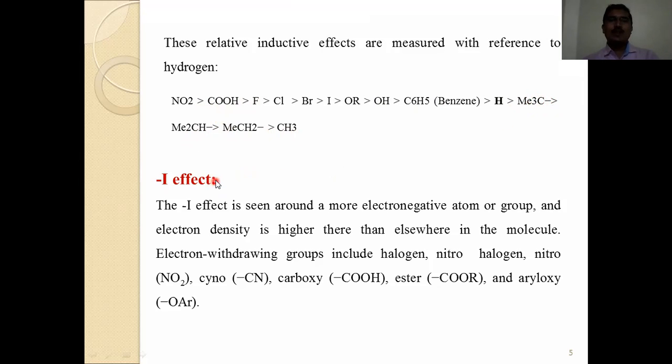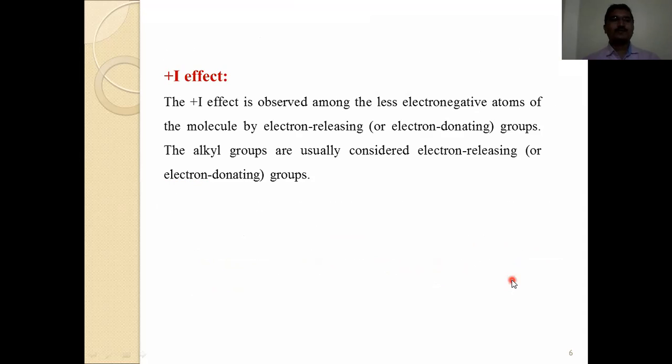Now we can see what is meant by the minus I effect. The minus I effect is seen around a more electronegative atom or group, where electron density is higher than elsewhere in the molecule. Electron withdrawing groups include nitro, halogen, cyano, carboxy, ester, and alkoxy groups.